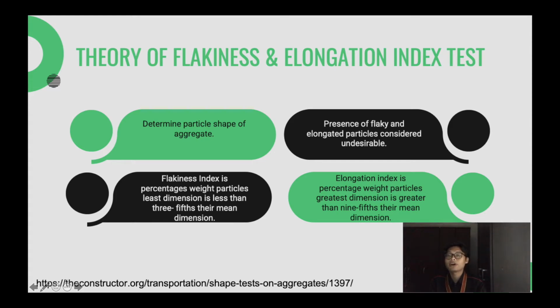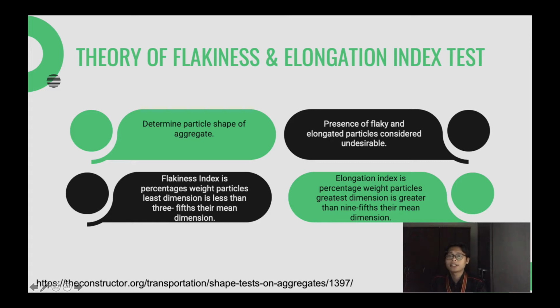Flakiness index of aggregate is the percentage by weight of particle whose least dimension thickness is less than 3/5 of their mean dimension.